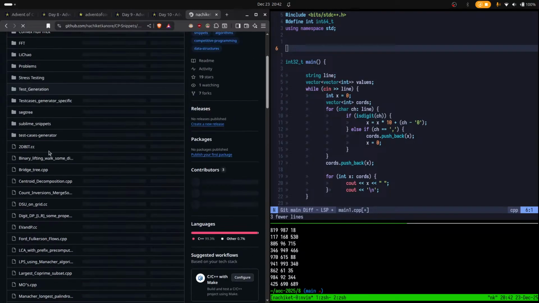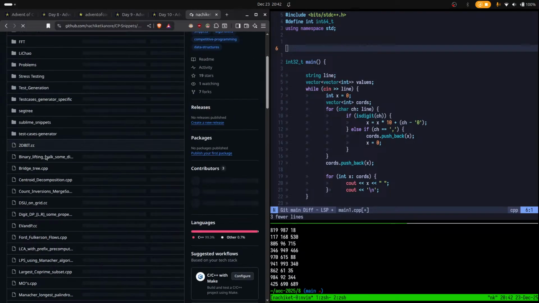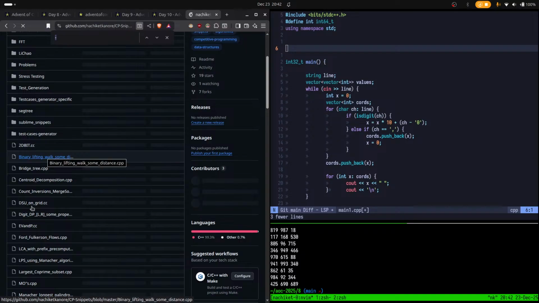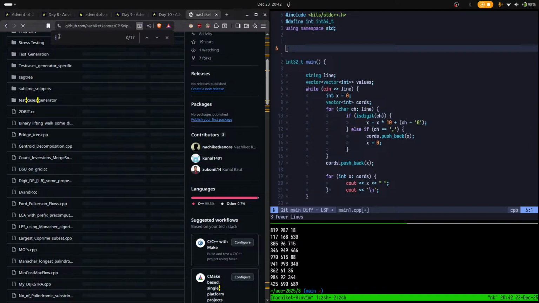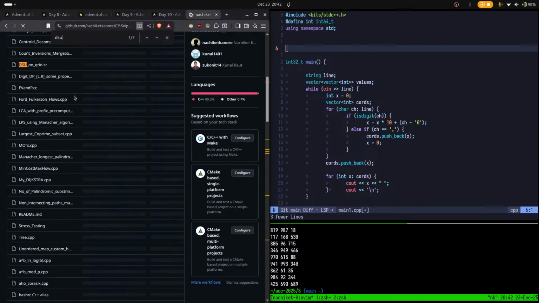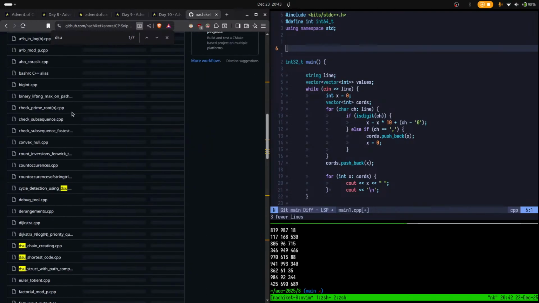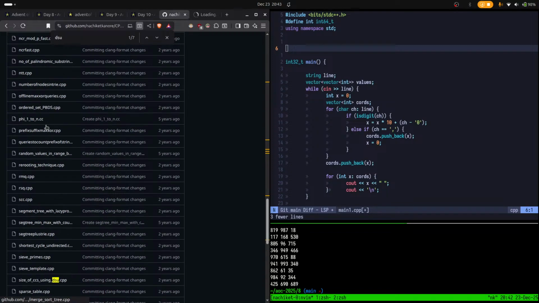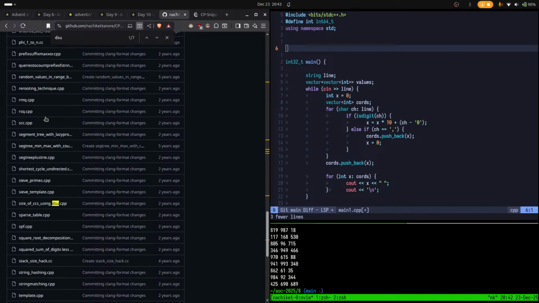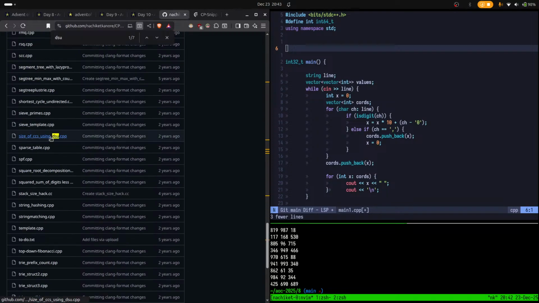I need DSU. The simple one, size of connected component.